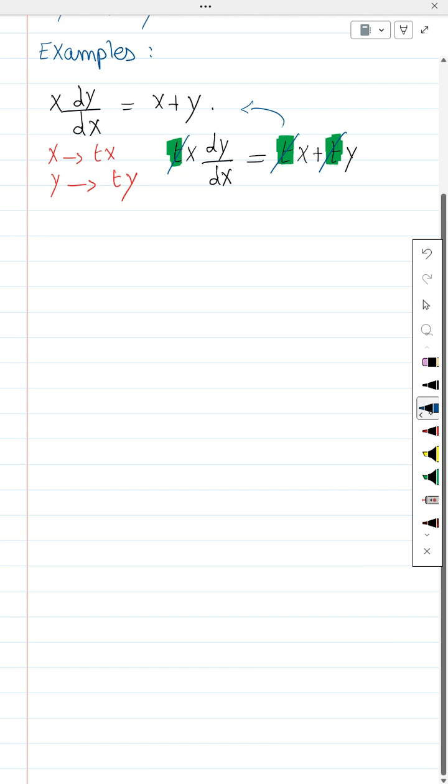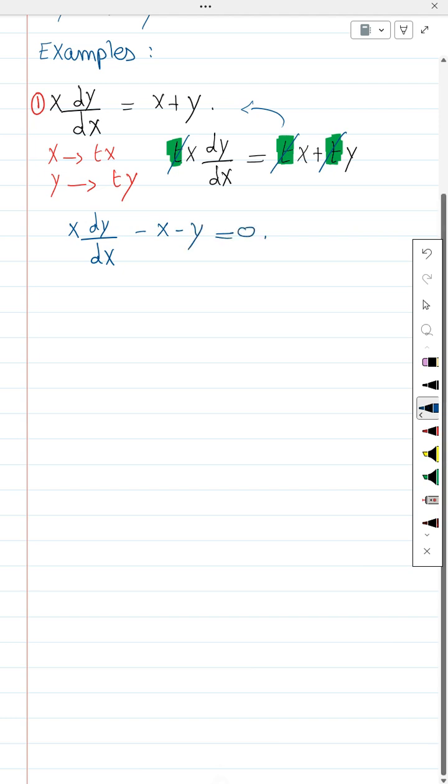Now we are going to see how to solve this homogeneous equation. Let's keep the same example: x dy over dx minus x minus y is equal to 0.